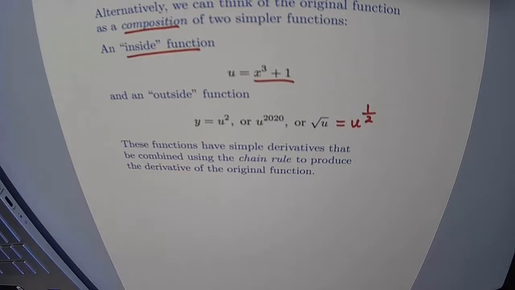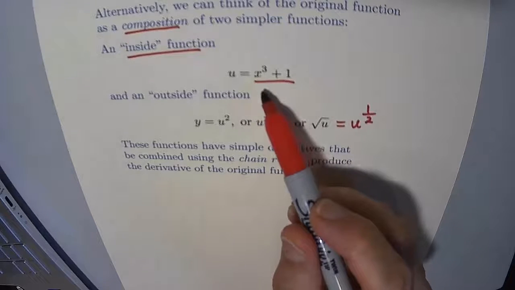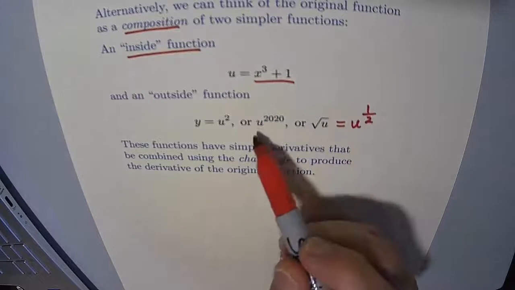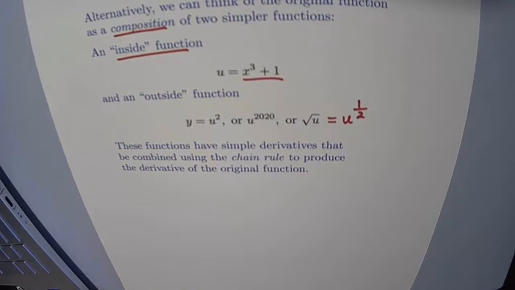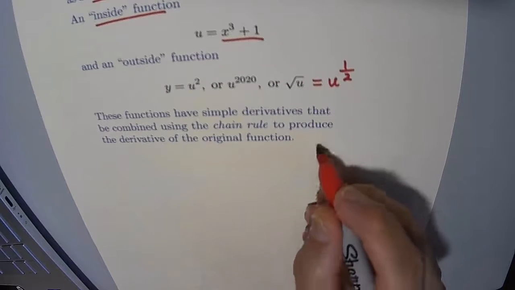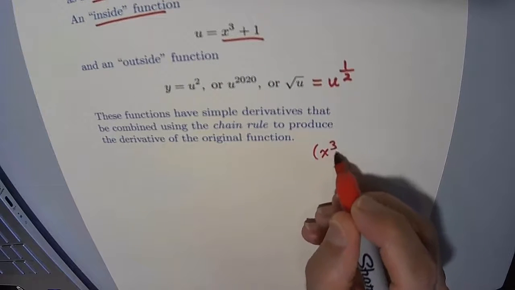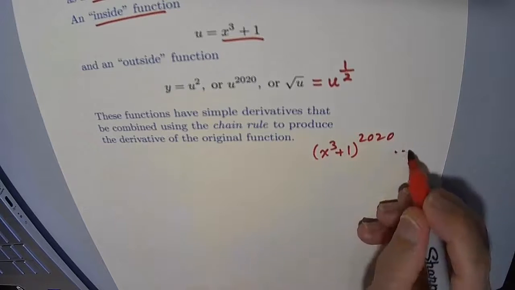We use the derivatives of these simple functions. This is an easy derivative, this is an easy derivative, together with the chain rule to come up with the derivative of the more complicated functions, like the ones we had before, or others.